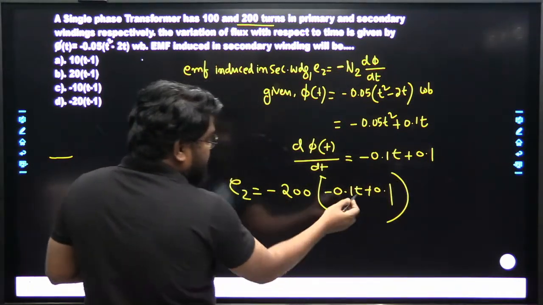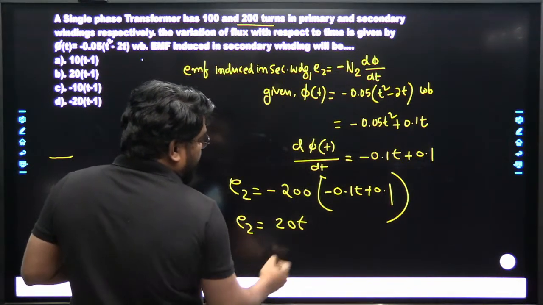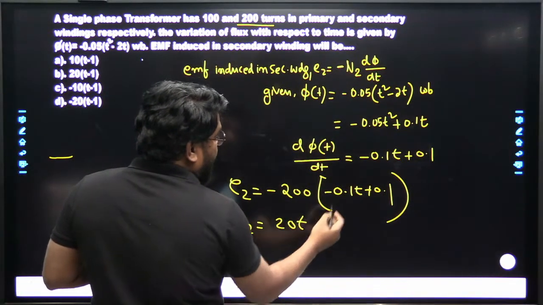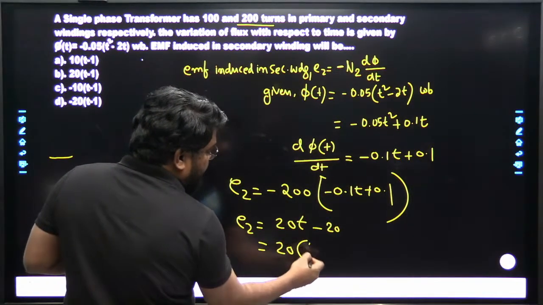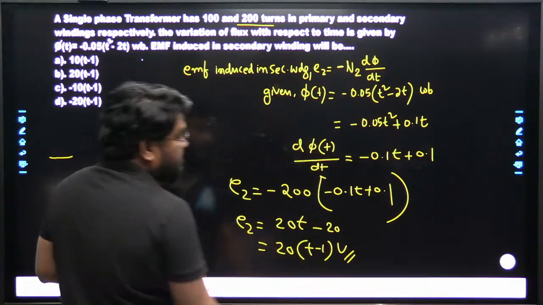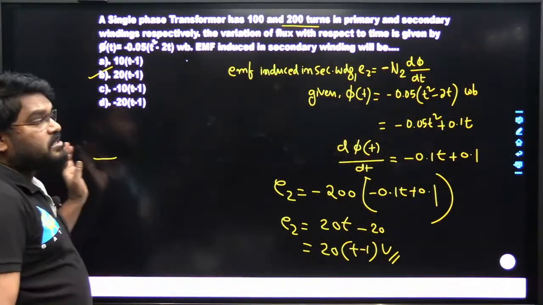So E2 equals 20 t minus 20, therefore it is equal to 20 into (t minus 1) volts. So the answer for this question is 20 into (t minus 1) volts.